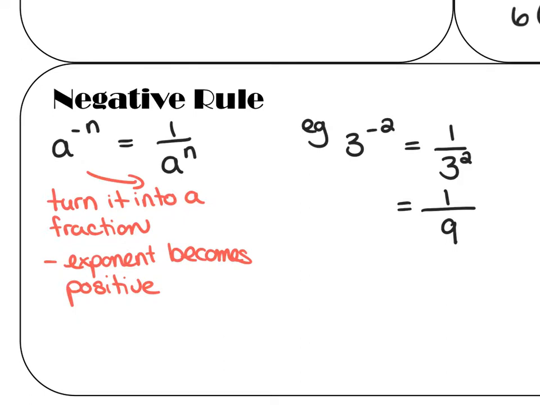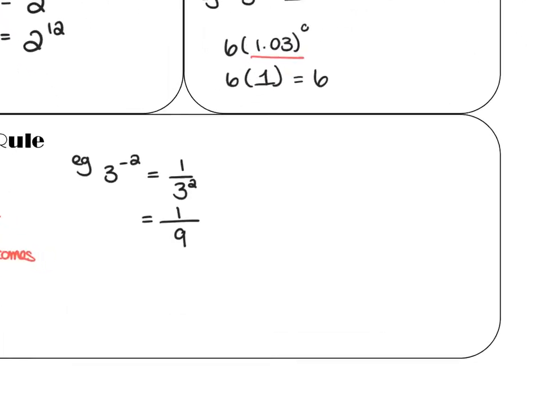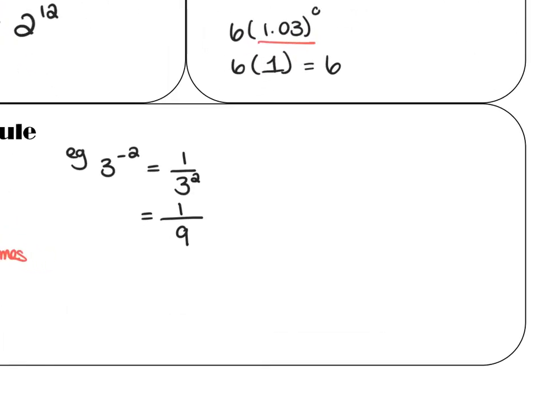Now, the other thing that's kind of interesting is that sometimes we have fractions that look like this. What you're going to do with that is you simply flip it. So it then becomes 3 over 2. I flipped the fraction, and then my exponent becomes positive.